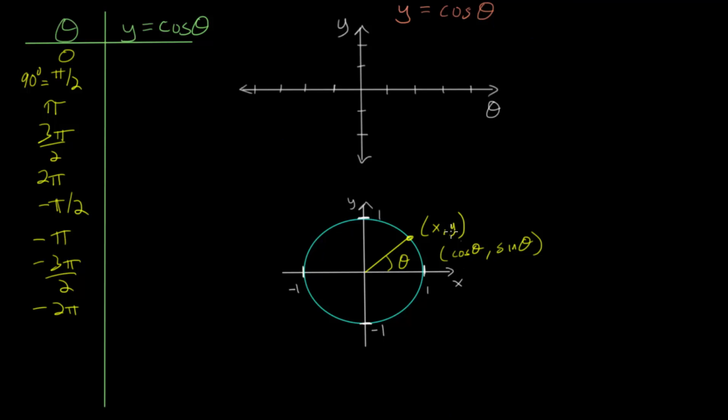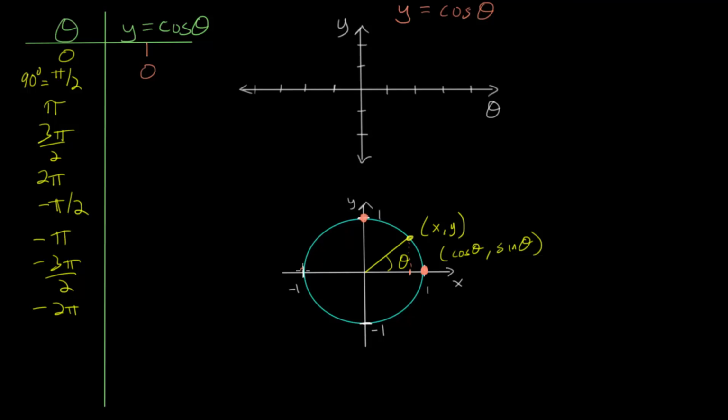Now, the cosine function, since it deals with the x value, we will basically be concerned with the x value of this point on the unit circle at any given angle. We're starting with a 0 degree or 0 radian angle, which would be at this point right here. And we can see the x value, or the cosine value, is just 1 there. Though when we rotate this 90 degrees or pi over 2 radians, we are now up here. And this is at the point 0 for x and 1 for y. So the cosine here would be 0.